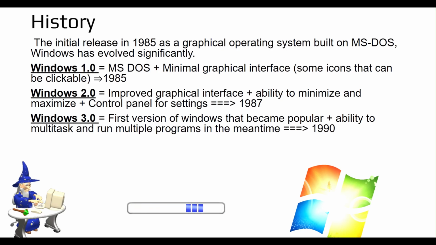Windows 1.0 is built on what we call MS-DOS and has a minimal graphical interface, with some clickable icons, back in 1985.